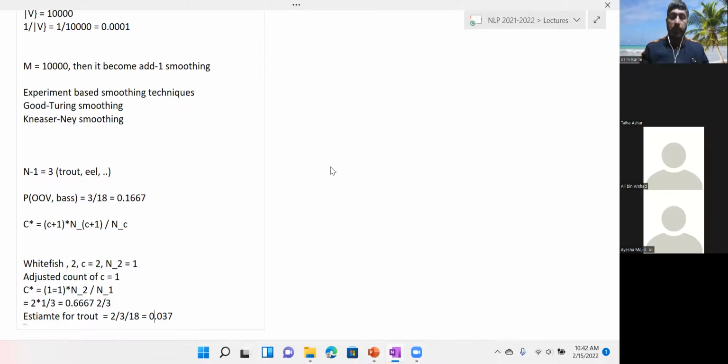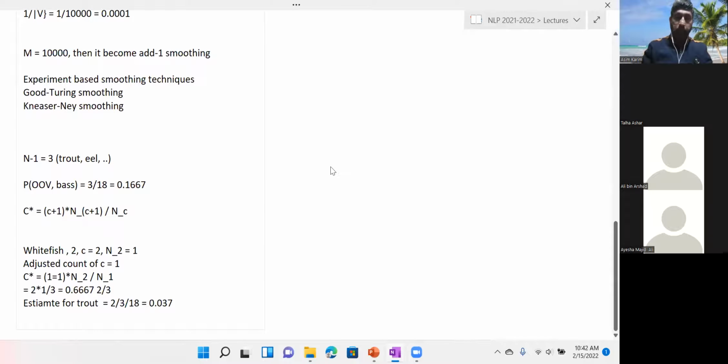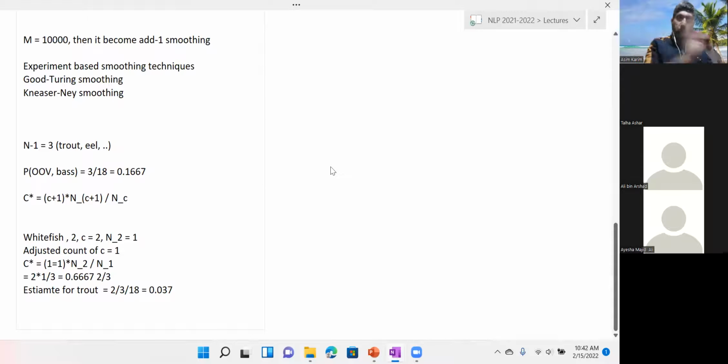All right. So instead of 1 over 18, which was MLE, we are now getting 2 over 3 into 1 over 18. And since now we have reduced this, we now move to the next level to adjust all the masses. And of course, we will have all those probabilities summing to 1.